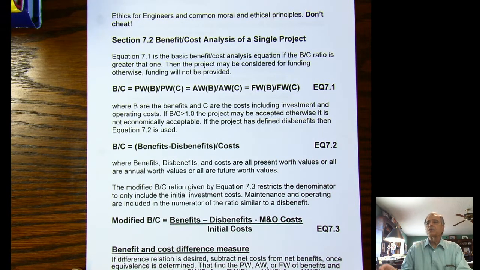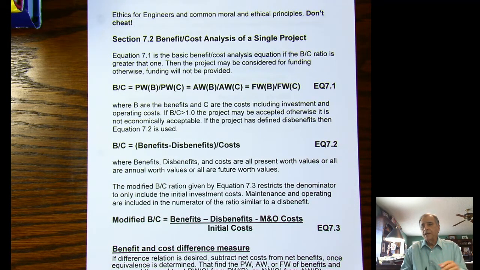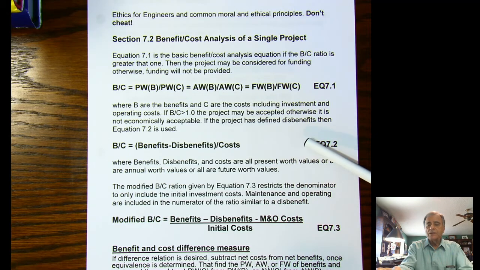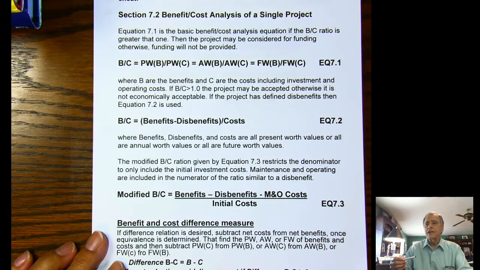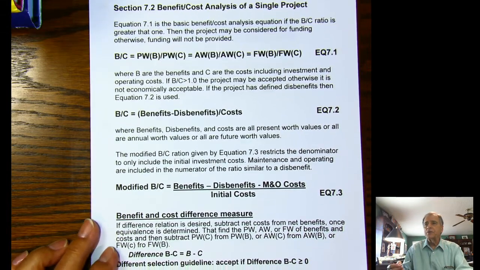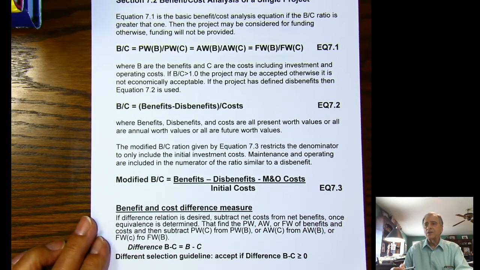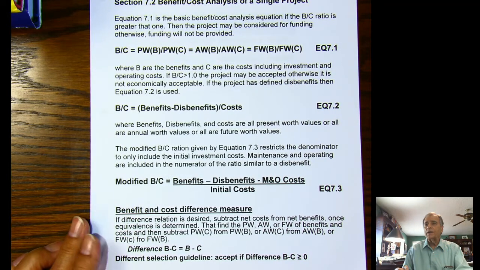In other words, they're subtracted from the benefits in the numerator. So that's another way. And whenever equation 1 and 2 are greater than 1, equation 3 will be as well. So it changes the number of the ratio, but it doesn't change whether it's greater than or equal to 1.